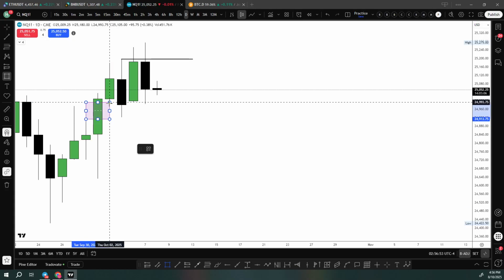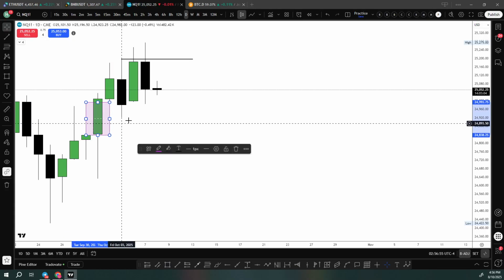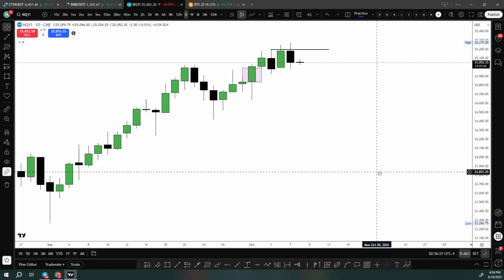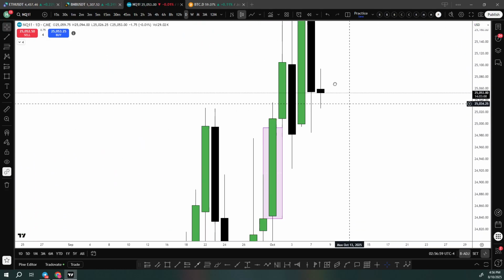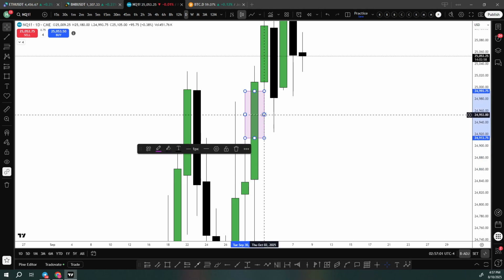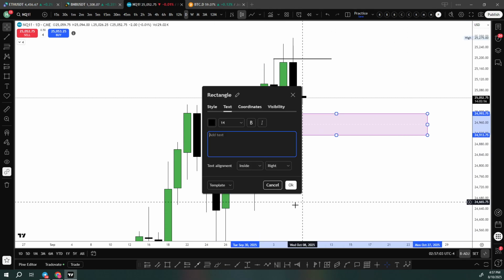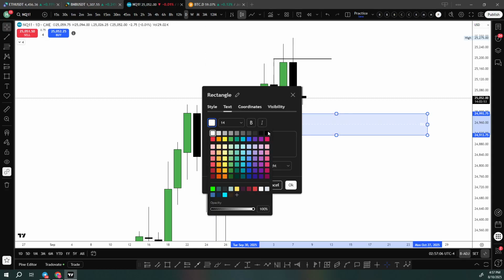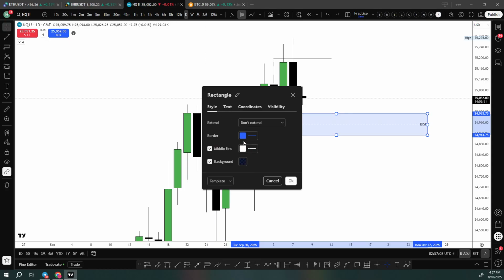And we have a partially unfilled daily BISI here. And I want to use the BISI. So we have the daily BISI here. Make it dark border.